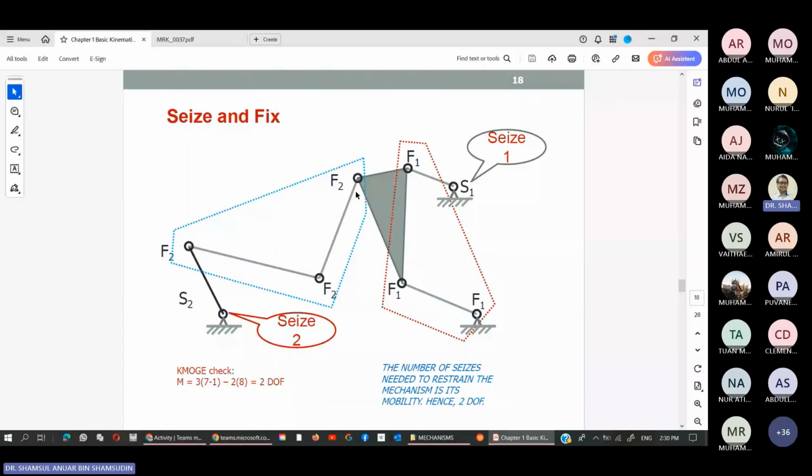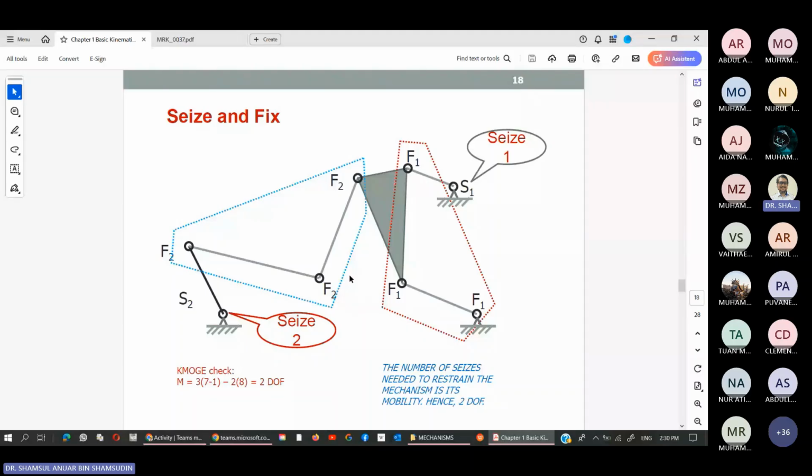The third is by seizing and fixing. This might not be the easiest thing to understand, but sometimes you have to be able to use this because there is no other way.